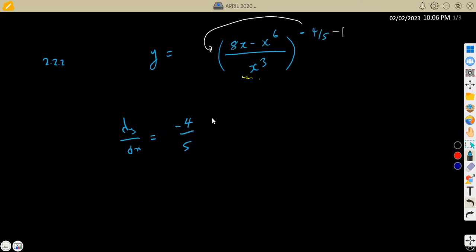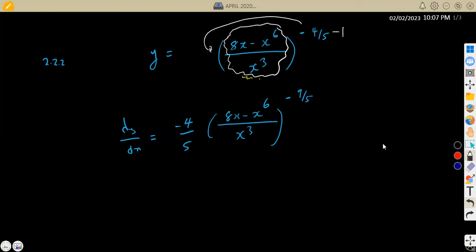So that's negative 5 over 4 into the bracket as it is, which is 8x minus x to the exponent of 6 over x to the exponent of 3. Then we subtract 1 from negative 5 over 4, which is going to give us negative 9 over 4. All right, we are done with this part of finding the derivative, but we are left with the part that is under the bracket, which is this whole expression.